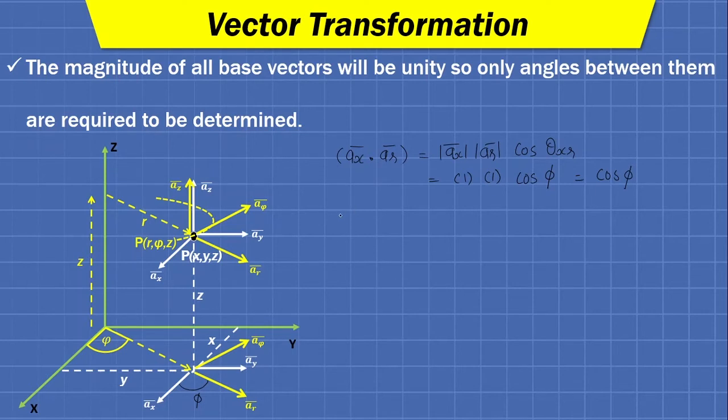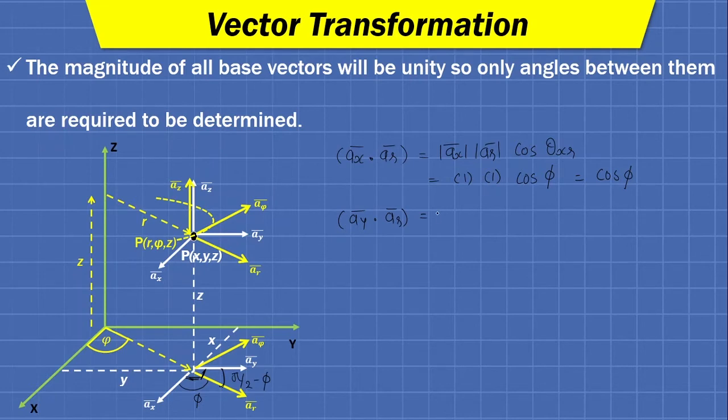Similarly, finding the angle between a_y and a_r. This is the direction of a_y, and we know that a_x and a_y are perpendicular directions, so this angle will be pi by 2 minus phi.